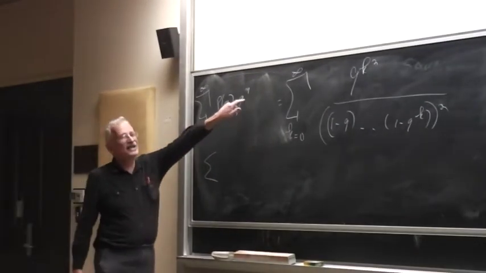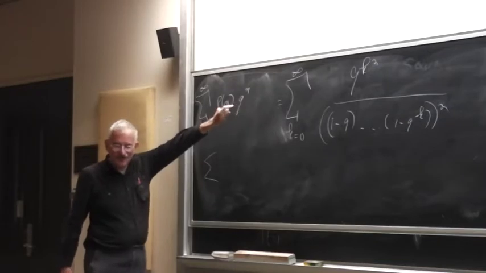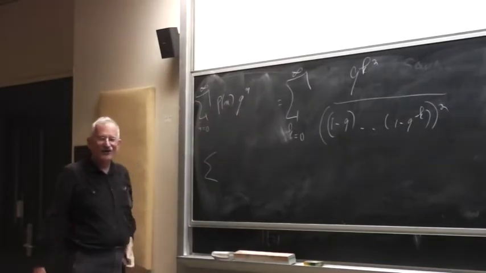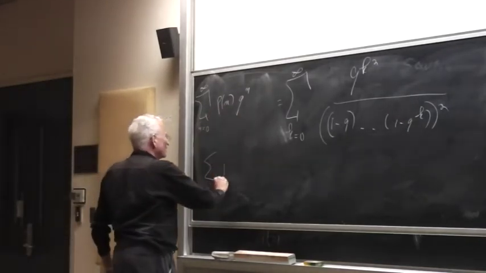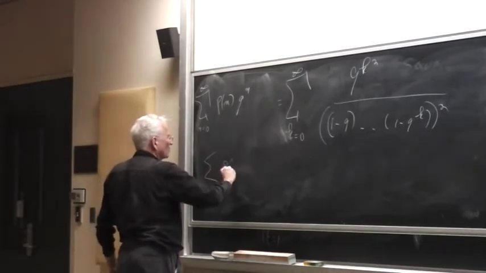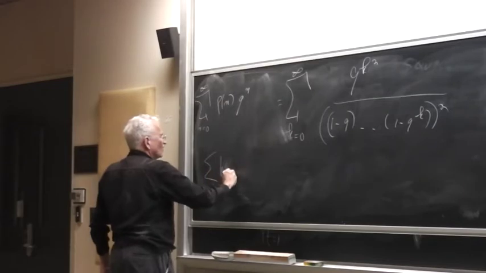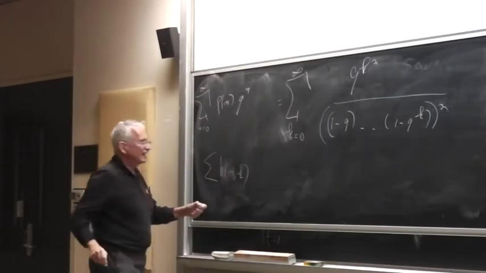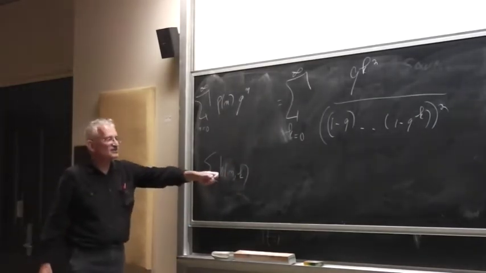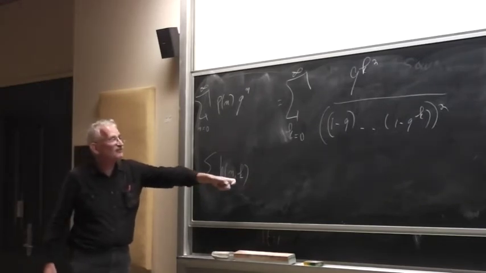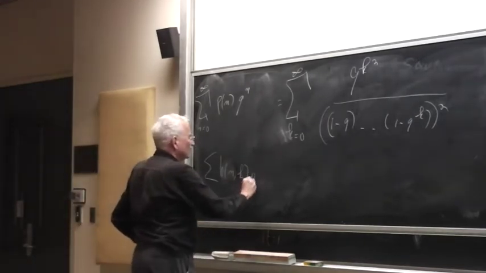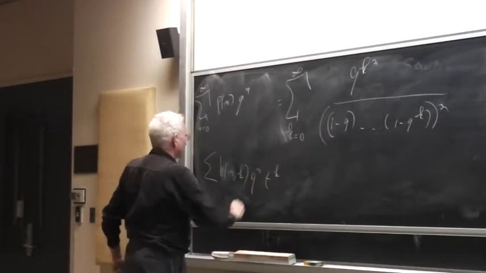Not just the total number of citations you had, but also your h-index. So we want a more refined thing. Let's call it H of n,k. That's the total number of partitions of n that have Durfee square k. So it's a double generating function.